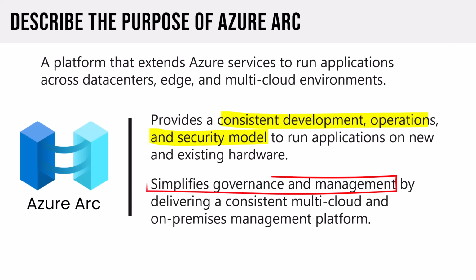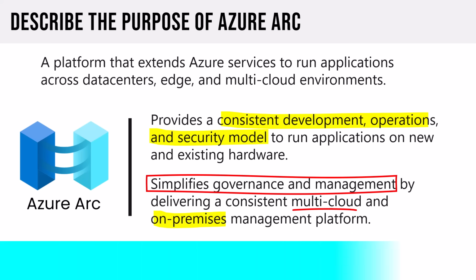It simplifies governance and management because it's giving us a consistent multi-cloud and on-premises management platform, a unified approach, a single pane of glass, if you will, for deployment across all of these environments, all of these platforms.